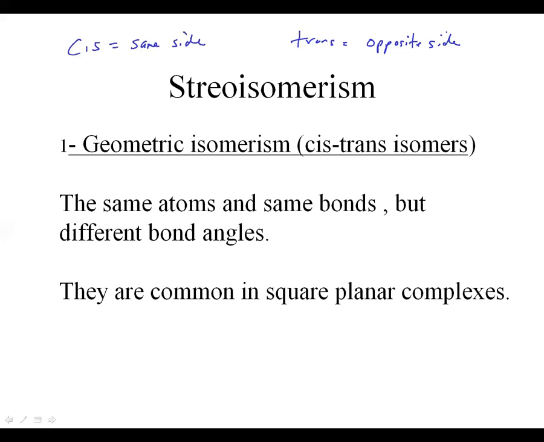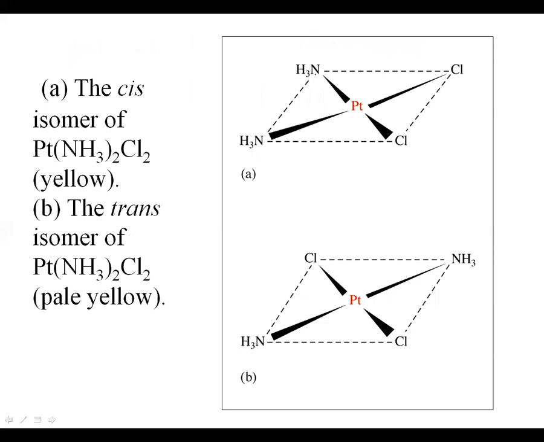If you remember, square planar is related to our octahedral arrangement as one of the geometries that we see, where all four atoms are basically within the plane of a square. And that's what we see here, right? All four atoms are within the same plane of a square. And we have the cis and the trans isomers of these complex ions.